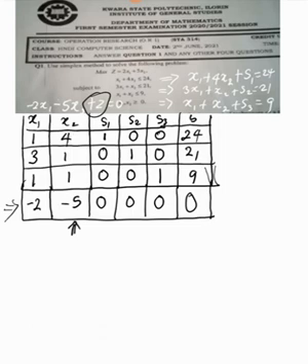So 24 divided by 4, we're going to have 6, and 21 divided by 1, we're going to have 21. 9 divided by 1, we're going to have 9. So 6 is less than all of these. Therefore, this will become our pivot value.